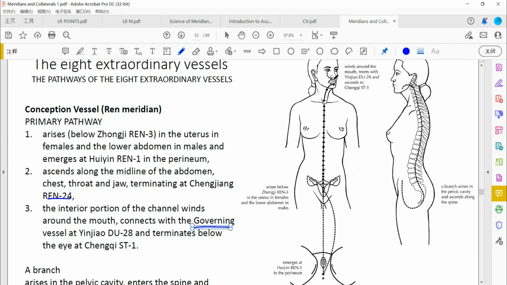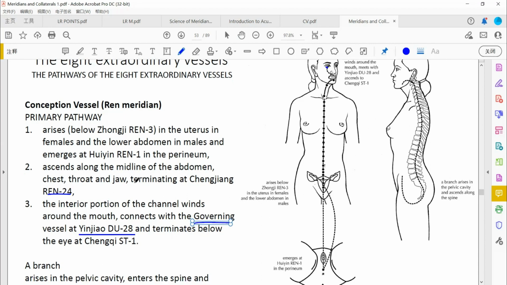So it connects with the GV around here at Yinjiao GV28, and then goes up and terminates below the eye at Chengqi, ST1. ST1 is right here. So that's the main branch, the primary pathway.